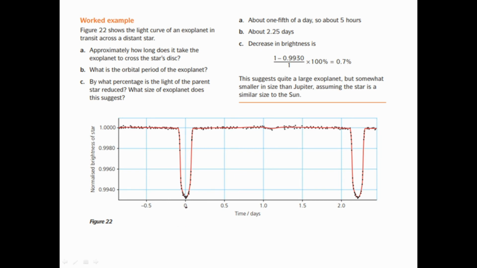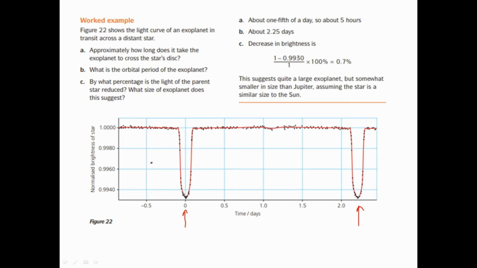And then the exoplanet comes around quite quickly. So the period is the time it takes to orbit the star once, and it's the time between these two points, because it's obviously making another transit here. So it must have done one complete orbit, and quite a small period, 2.25 days, using the scale on the graph.